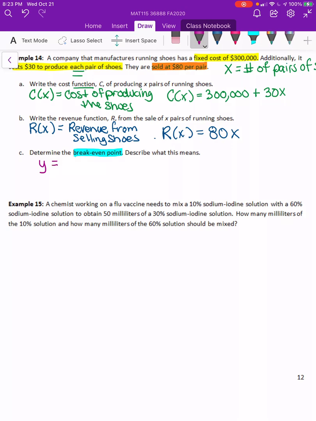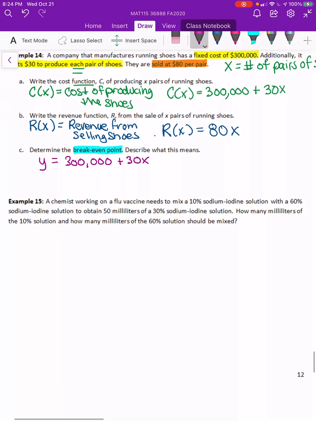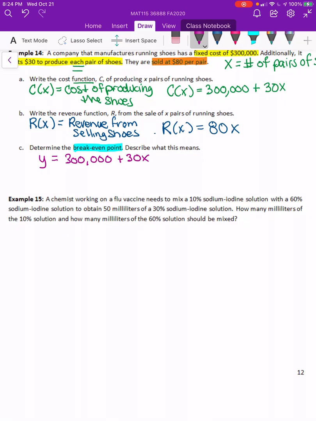So y is going to be the cost of producing, y is going to be 300,000 plus 30x. So let's let y stand for the cost of producing the shoes. Which also means that the revenue from producing the shoes should be the same amount, so it should also be y. So y is equal to 80x.